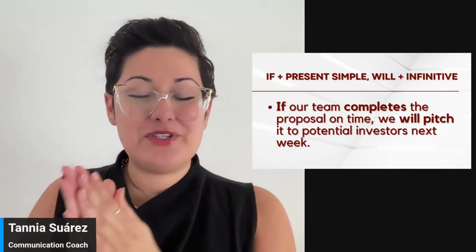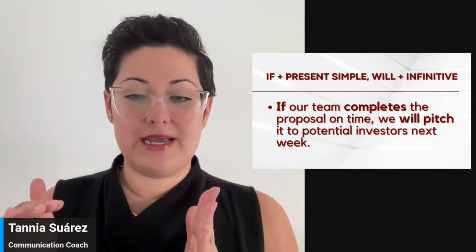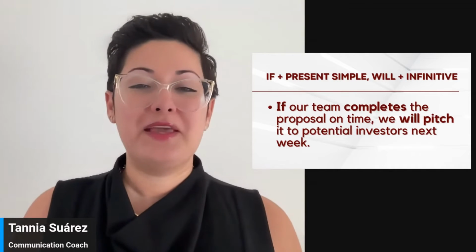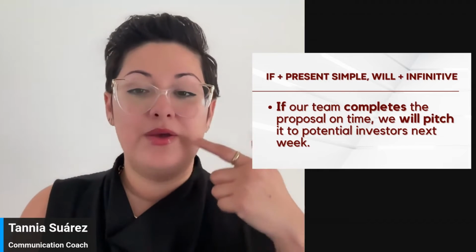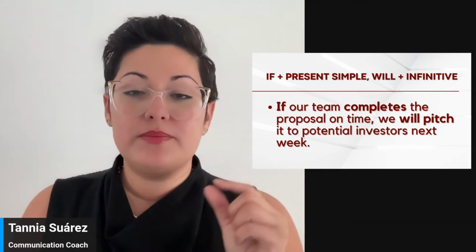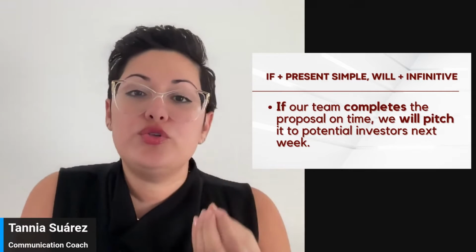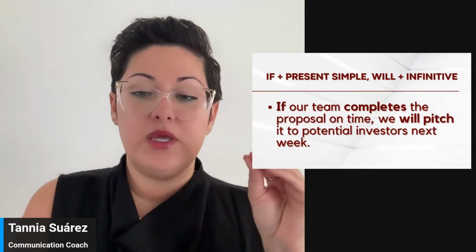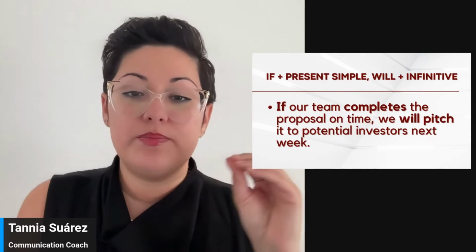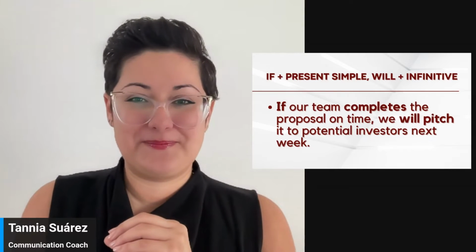This is linking, which is under the category of connected speech. The proposal on time. Again, if our team completes the proposal on time, we will pitch it to. Because of the linking with pitch it, I don't reduce to as much in this example. I do say to instead of t'. So we will pitch it to potential investors next week.